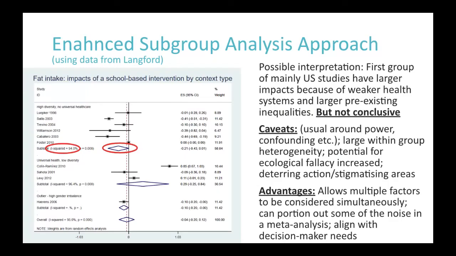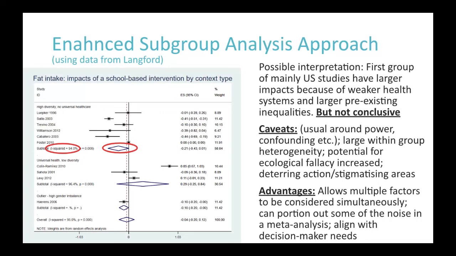So for the enhanced subgroup analysis, we explored the gender composition, ethnicity, presence of low socioeconomic status, whether the study was conducted in a high or low or middle income country, the characteristics of the healthcare system, and the level of fat intake at baseline, in order to develop groupings of studies.